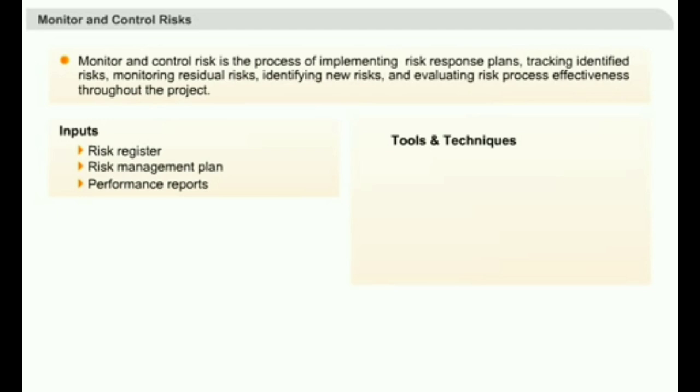The techniques used for monitoring and control of the risk are risk audits, in terms of checking whether the project is really identifying risks and working on having a plan to resolve the risk or not. The other strategy is to do continuous risk reassessment, which is a periodic review of the risk management plans.